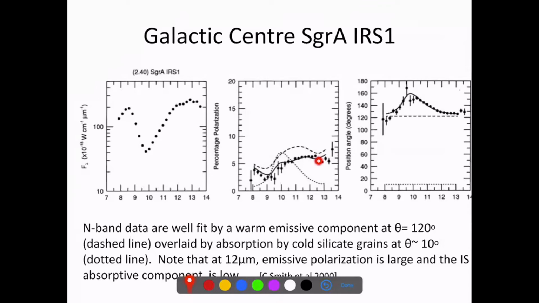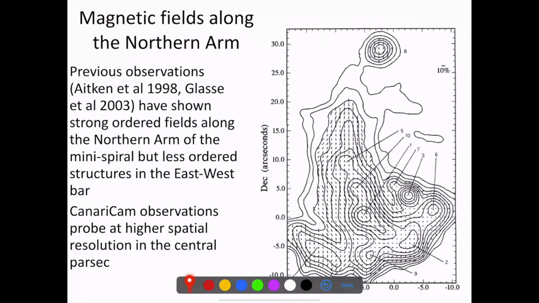And on the assumption that the interstellar polarization is constant, it was then possible to make measurements of imaging polarization, which reveals this rather ordered magnetic field. So these vectors are the emissive polarization rotated through 90 degrees so that they point along the magnetic field directions.